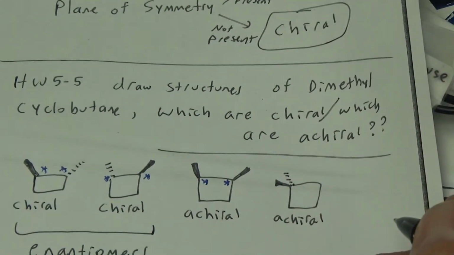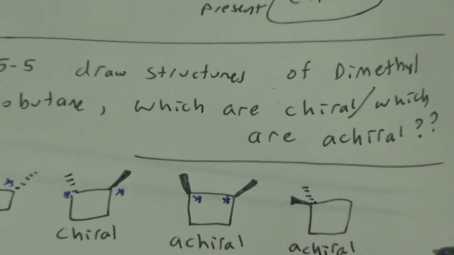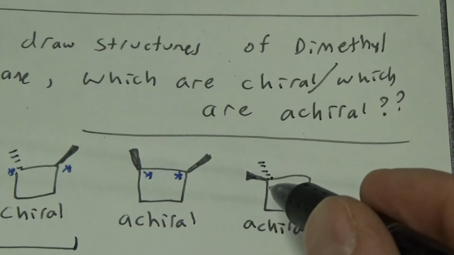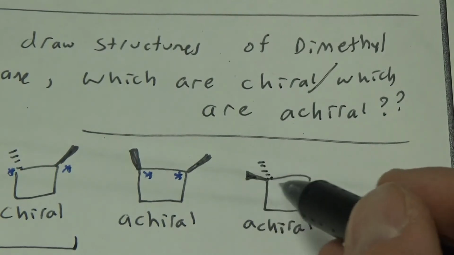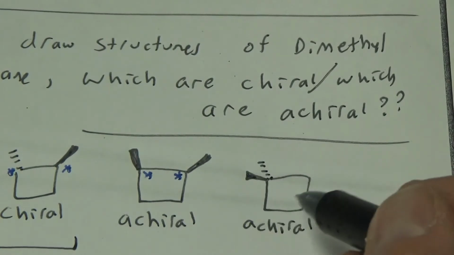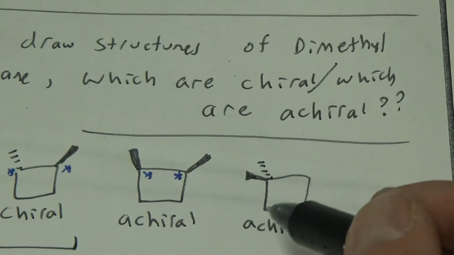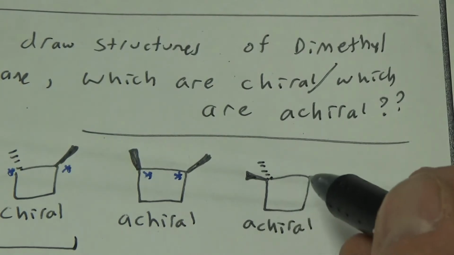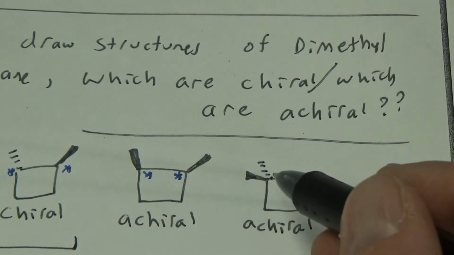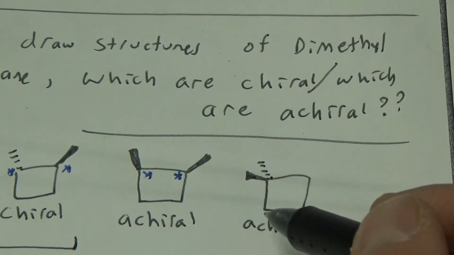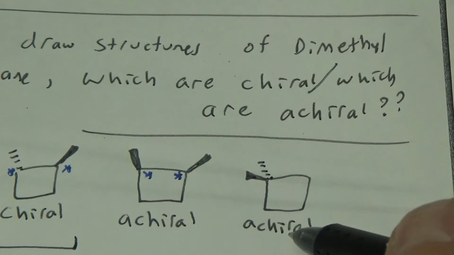Of course, that's achiral also, and that's because there's no chiral centers at all. That is not a chiral center now, because that's a carbon with 2 CH3s and 2 CH2s, and the CH2s all extend back to the other CH2, right? There's no difference between this CH2 and that CH2. All right, so that's an achiral molecule.